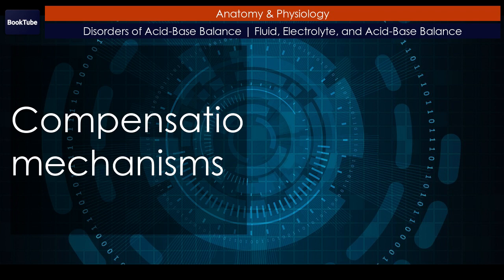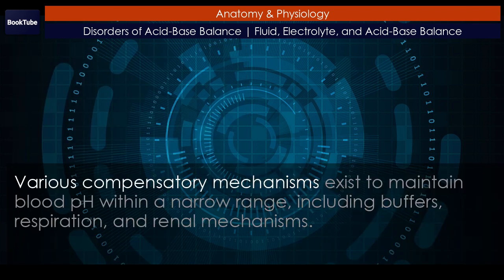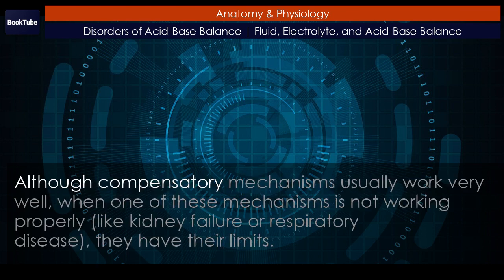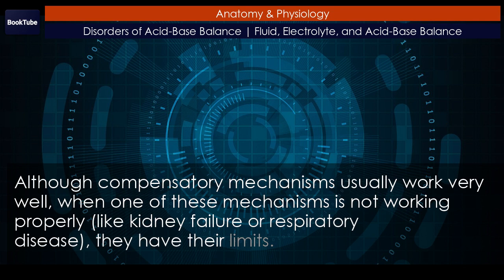Compensation mechanisms. Various compensatory mechanisms exist to maintain blood pH within a narrow range, including buffers, respiration, and renal mechanisms. Although compensatory mechanisms usually work very well, when one of these mechanisms is not working properly, like kidney failure or respiratory disease, they have their limits.